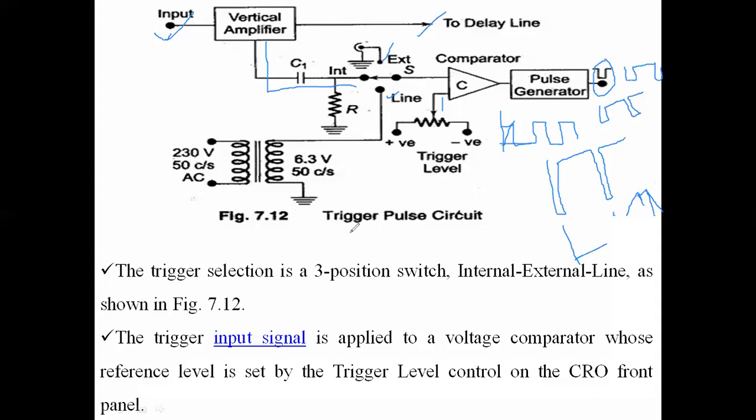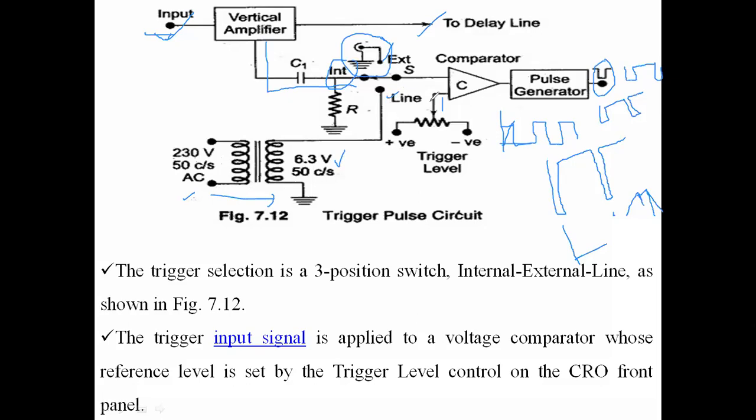For that there are three types of sources. One is an external trigger pulse we can apply, another is internal triggering, where we apply the input signal, and we can also connect a 230 volts 50 cycles per second AC input, which is stepped down to 6.3 volts AC, and this AC signal is also connected to the trigger pulse circuit.